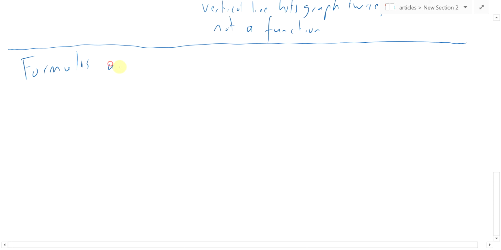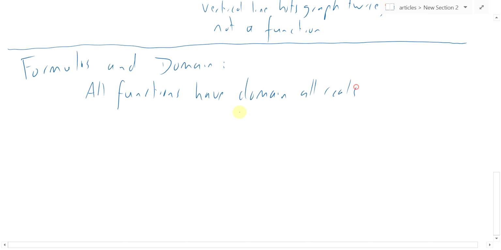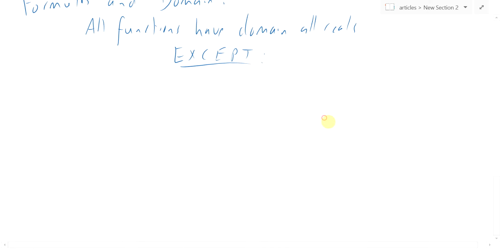Okay, so now formulas and domains. It's a little hard to figure out what the domain of a function is from the formula, but there's actually a very nice rule for what we're doing in this class. So all functions in this class have domain all reals except in three cases.